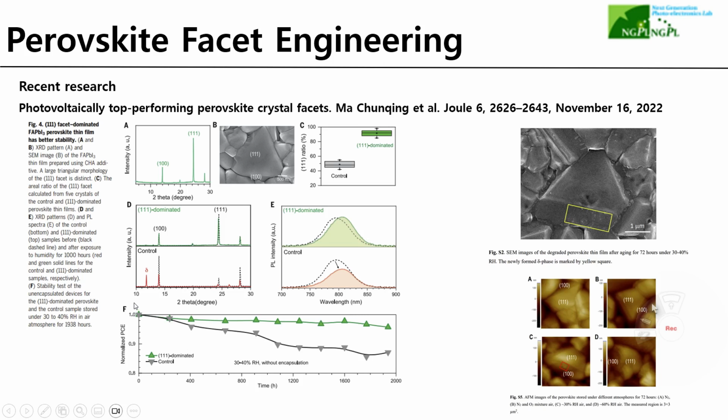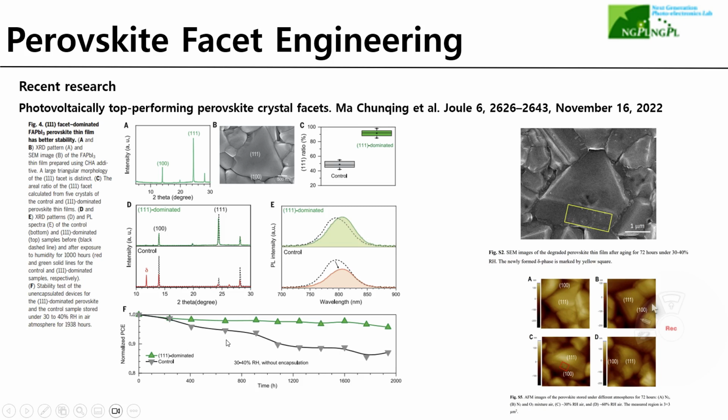And we can know the information from this graph. It shows that the 111 dominated facet perovskite solar cell maintains its performance during 2000 hours.